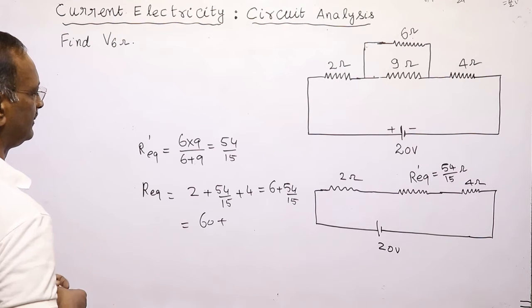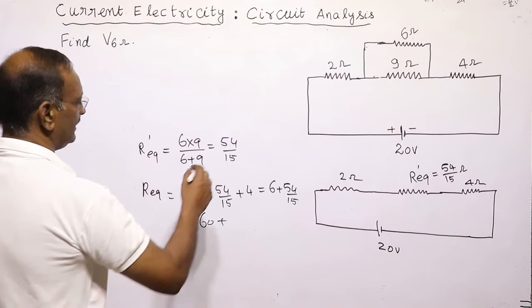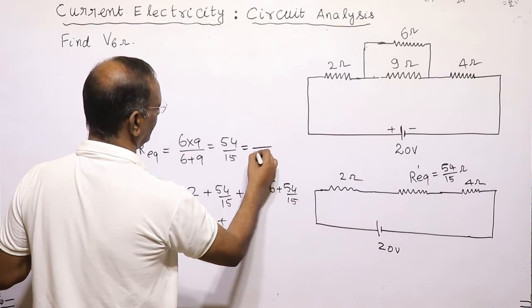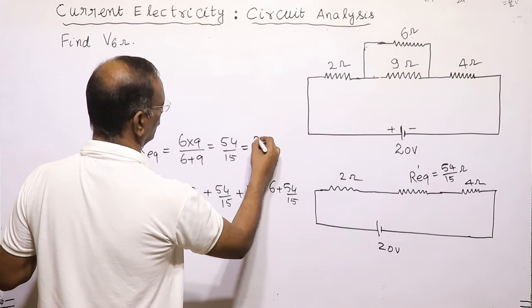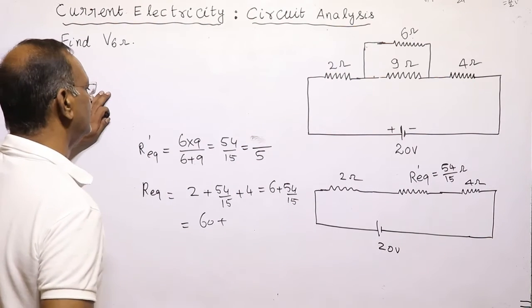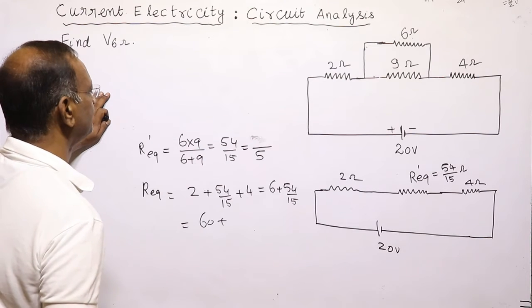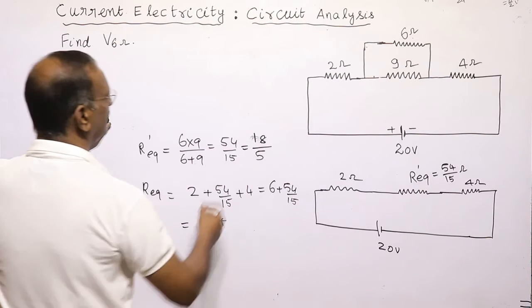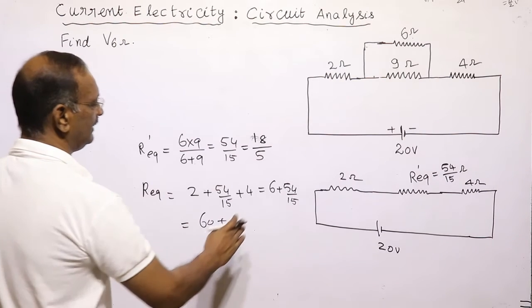So R equivalent is equal to this. If you divide by 3, we get 18 by 5. So this will be 18 by 5.